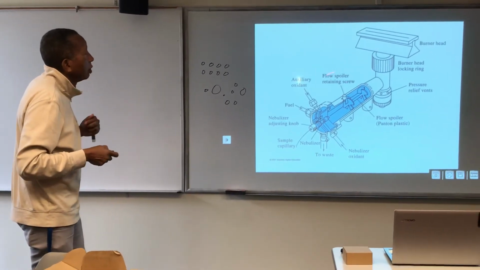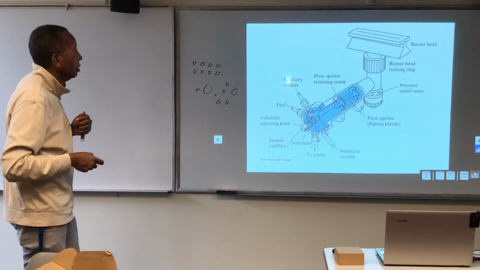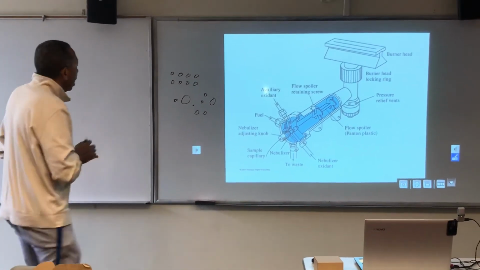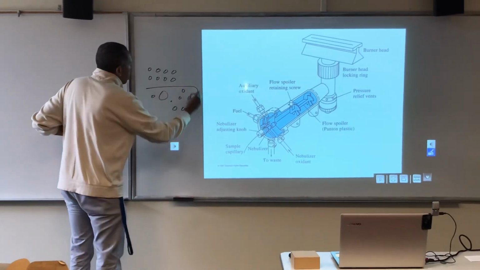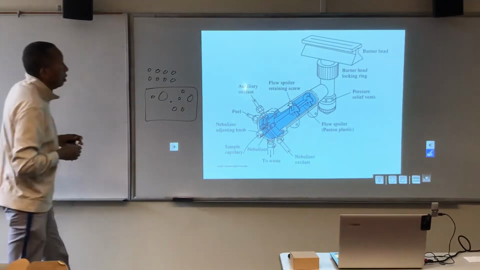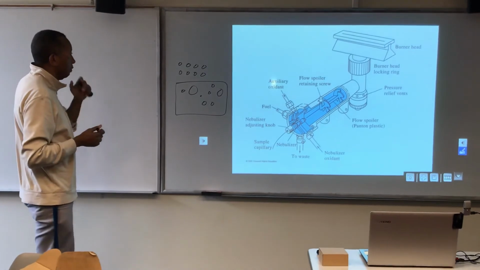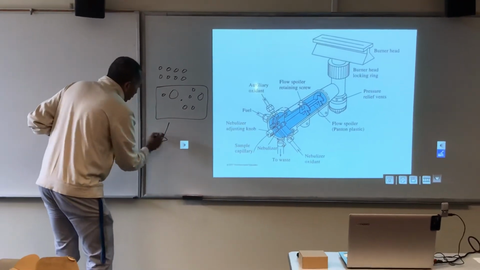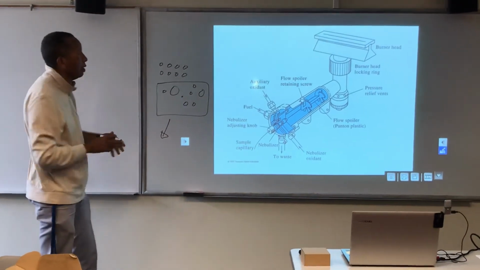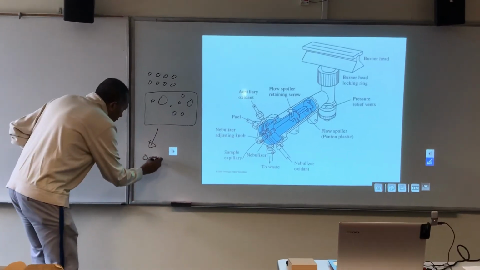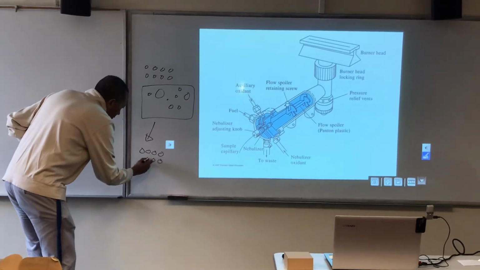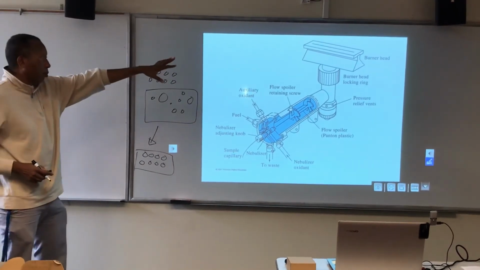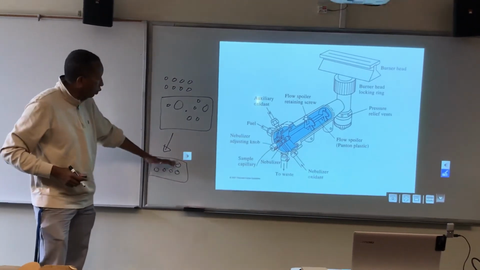So these baffles here, what they do is start with an input where we have a large range of particle size and bring it to a uniform size, so that when the sample gets to the burner head we have a uniform size.